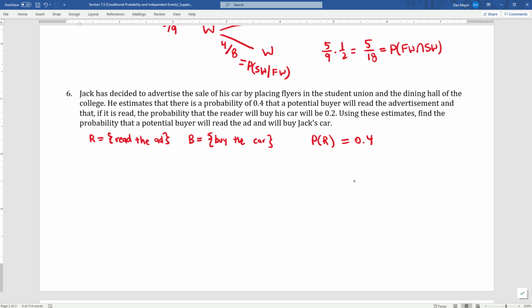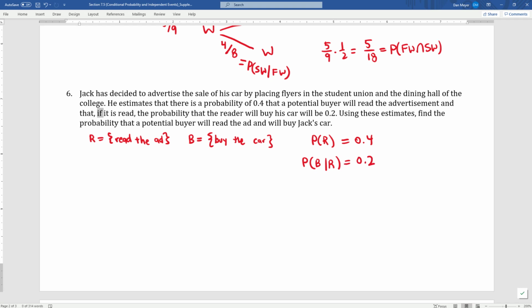And the second probability, notice there's that "if": if the ad is read, it's a conditional probability. The conditional event is that the ad is read. The probability that they'll buy the car is 0.2. So that's a conditional probability that they gave us there.